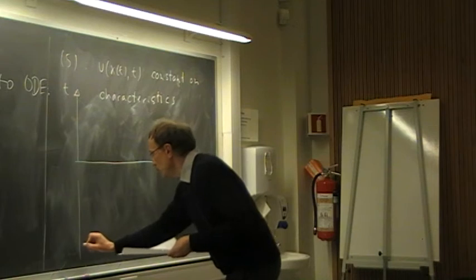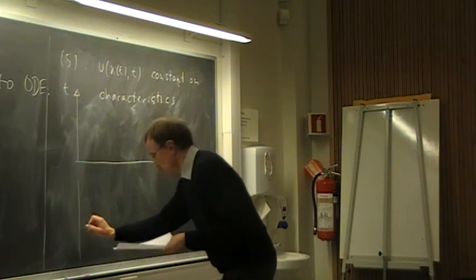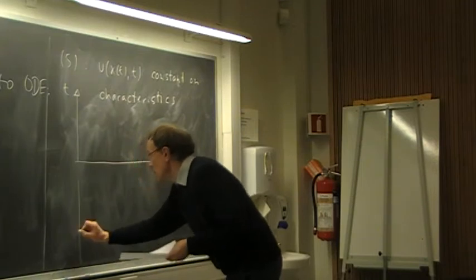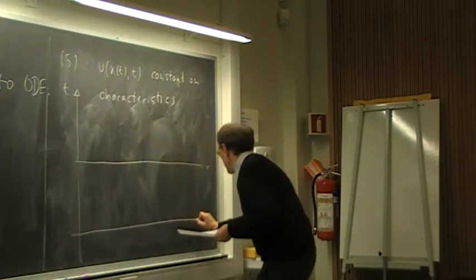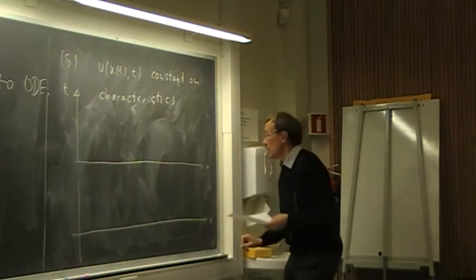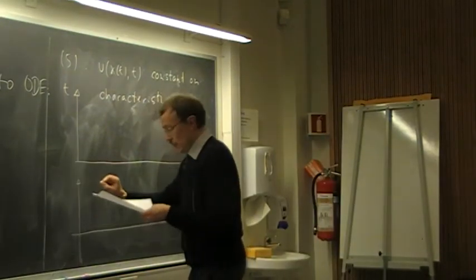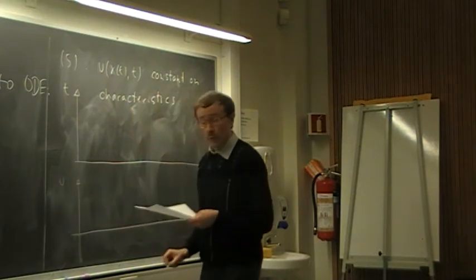And below we want to look also at another way. We want also to look at the same domain X, but here we want to look in the u direction. So that is u, our solution.